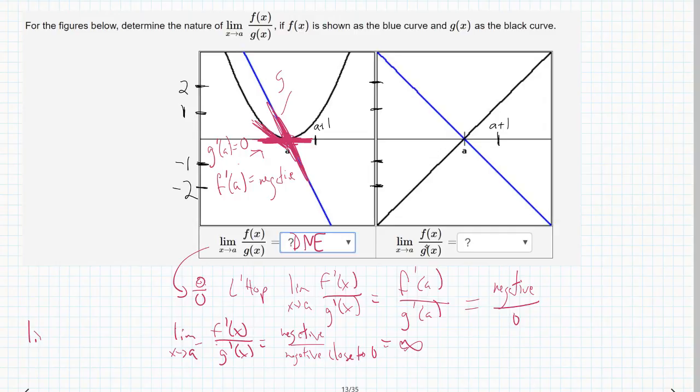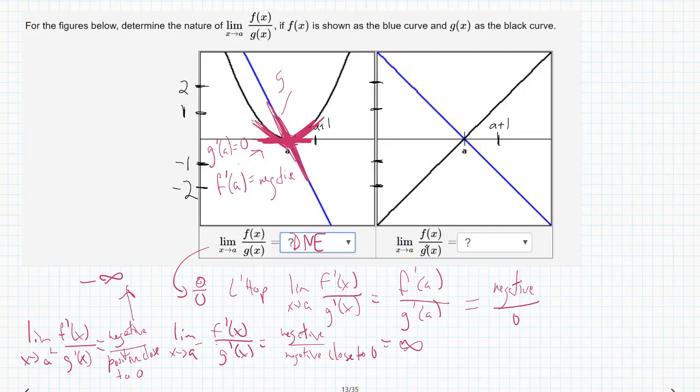And if you look at the other scenario, the limit as x approaches a from the right of f prime of x over g prime of x, notice in that case we're going to get, once again, the negative. But if we're approaching from the right, we have an increasing part of the function, so this is going to be positive close to 0. That means this thing is going to negative infinity. And so that means our limit does not exist in this scenario.